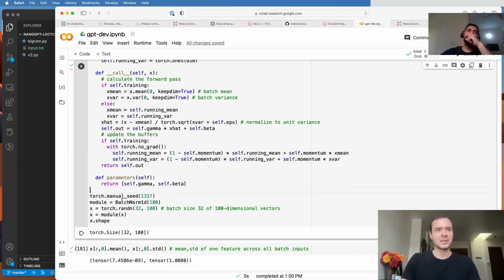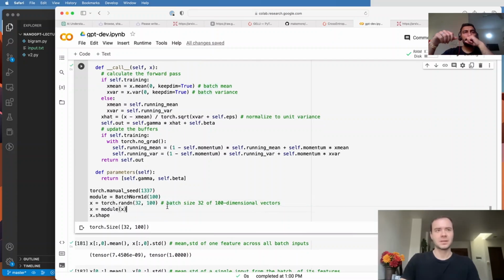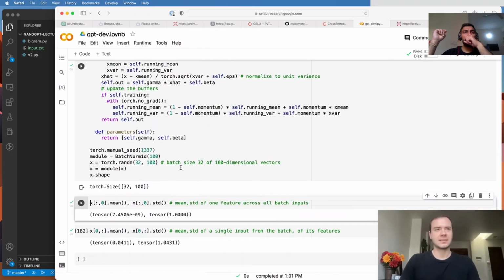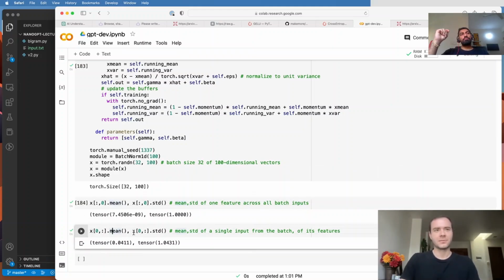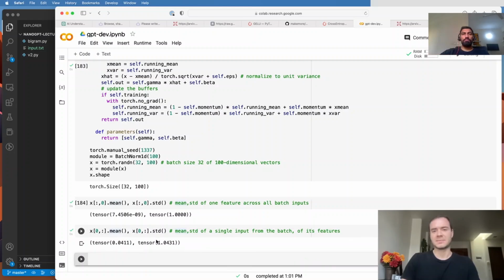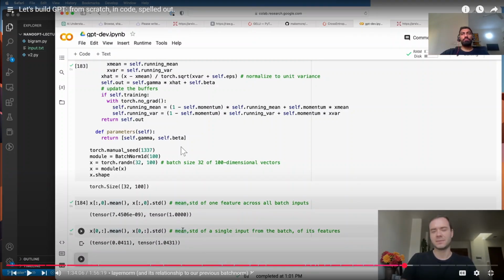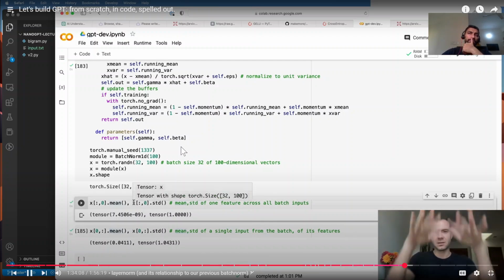And here we can initialize this module, and we can have a batch of 32 100-dimensional vectors feeding through the batch norm layer. So what this does is it guarantees that when we look at just the 0th column, it's 0 mean, 1 standard deviation. So it's normalizing every single column of this input. Now the rows are not going to be normalized by default, because we're just normalizing columns.